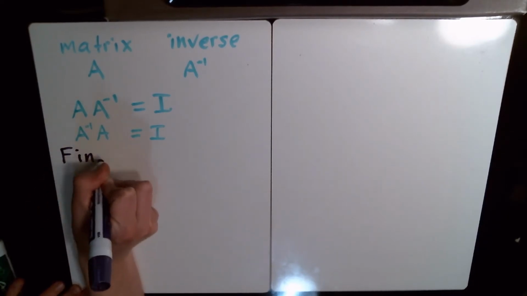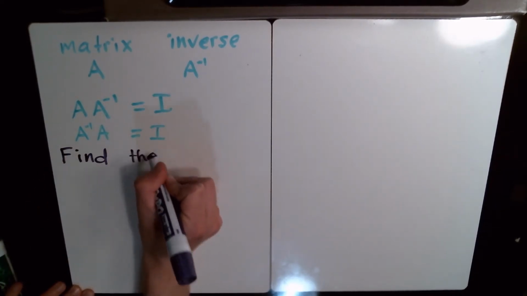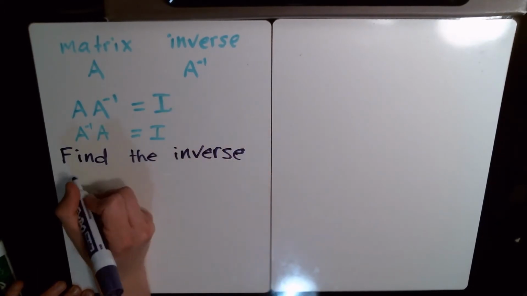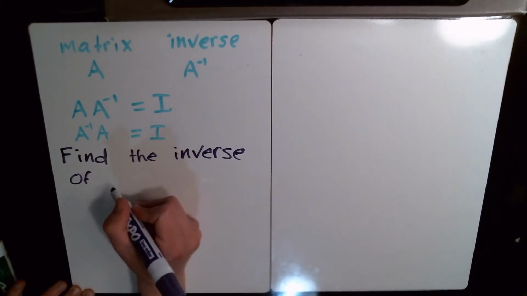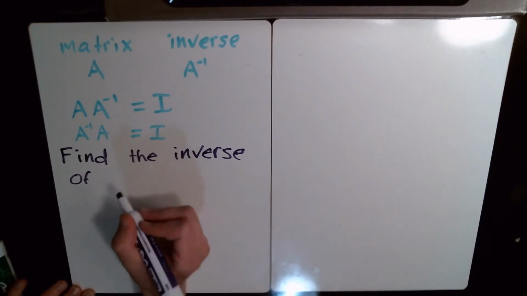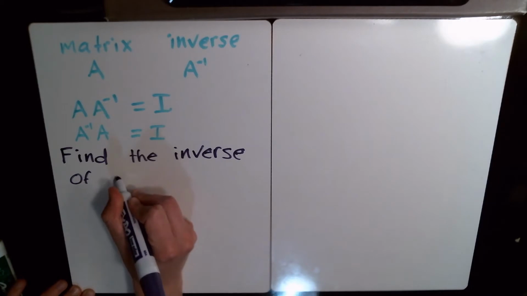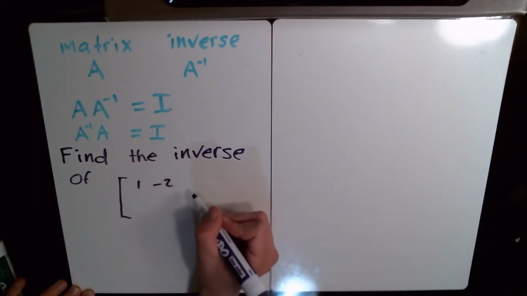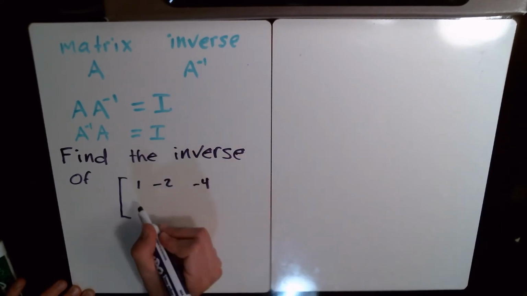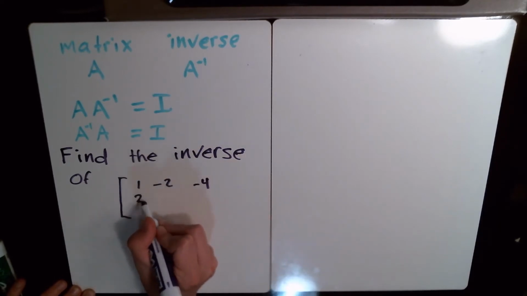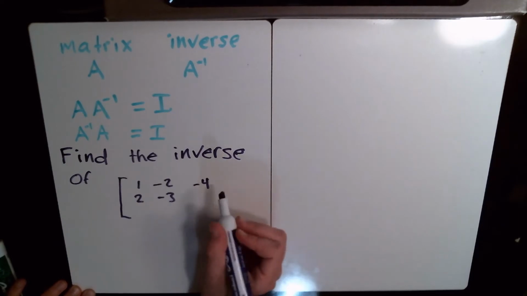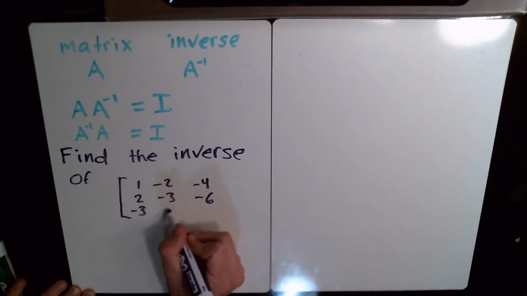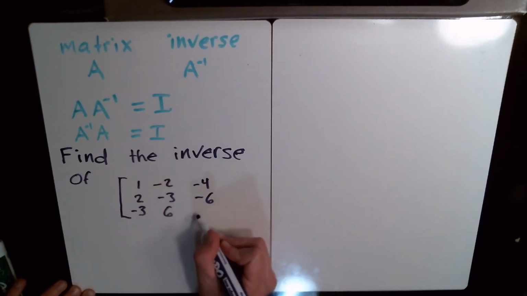Find the inverse of the matrix. I will say, this is my matrix, 1, -2, -4, 2, -3, -6, -3, 6, and 15.